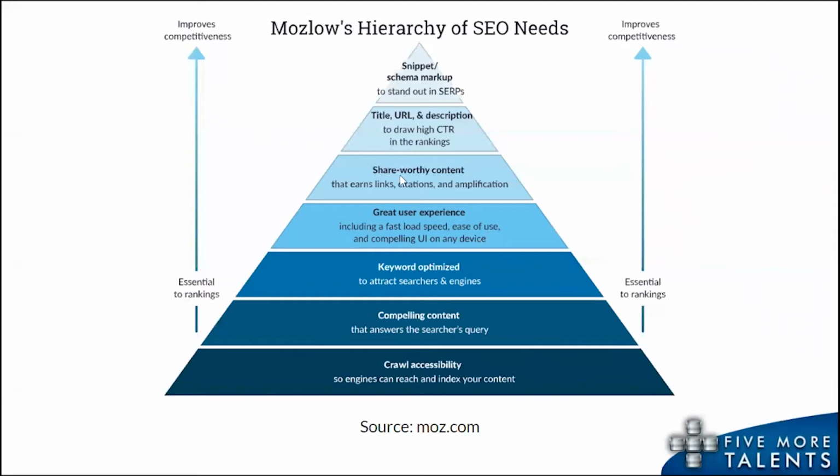These last ones, share-worthy content. This is kind of a different facet of compelling content. Is it content that makes sense for people to share on social media, for people to share on their blogs, that kind of thing?